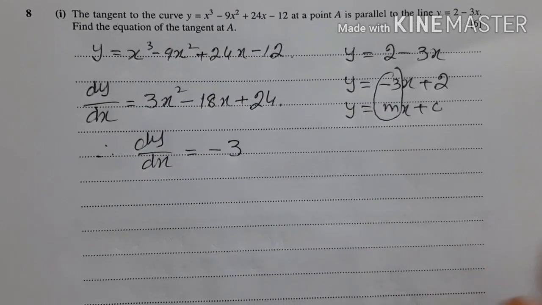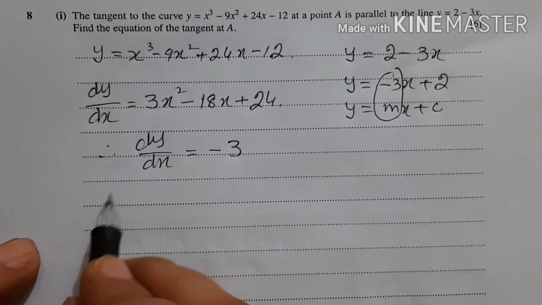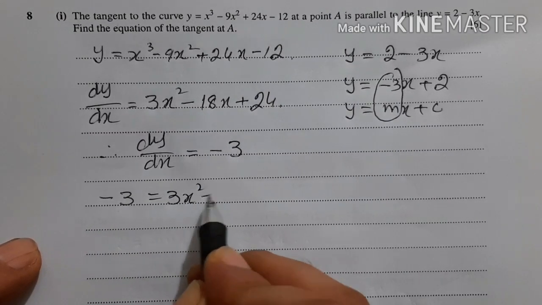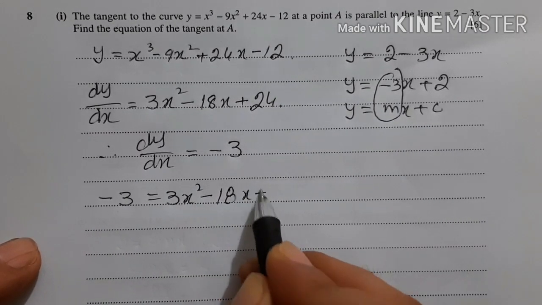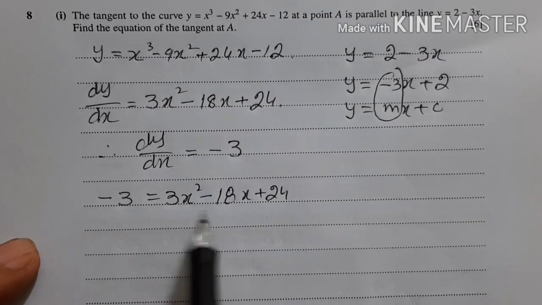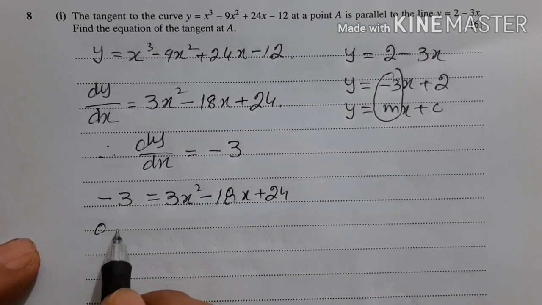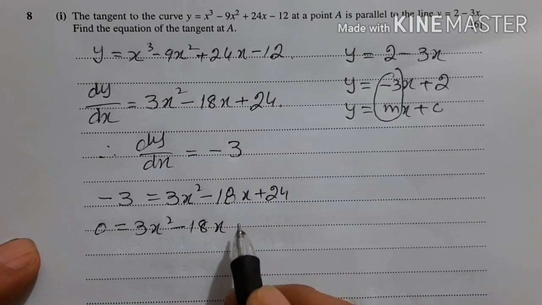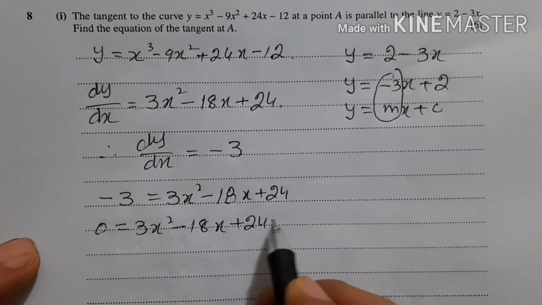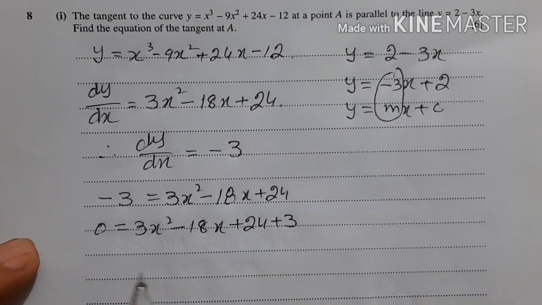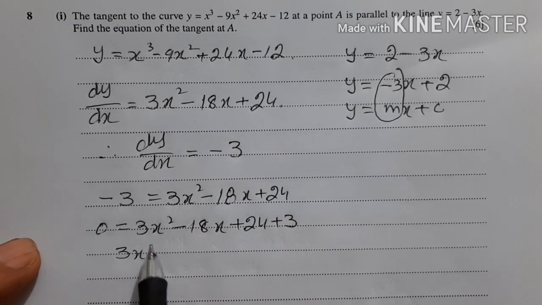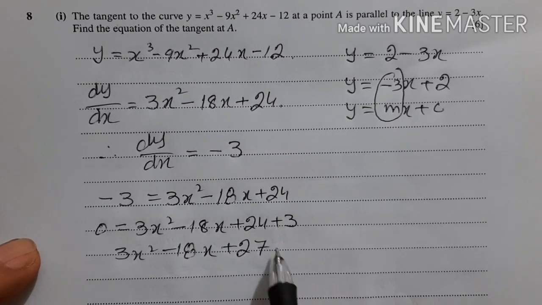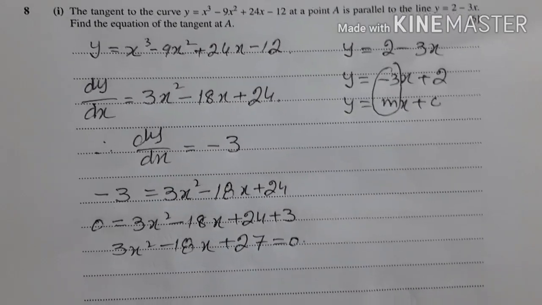So put this value here, it will become minus 3 is equal to 3x square minus 18x plus 24. So take 3 to the right side, it will become 0 is equal to 3x square minus 18x plus 24 plus 3, or I can write it as 3x square minus 18x plus 27 is equal to 0.